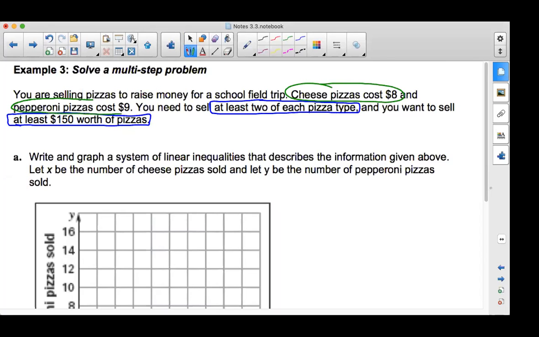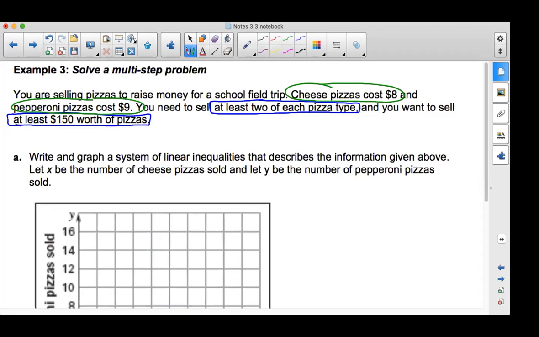So cheese versus pepperoni. Essentially, you're selling a cheese pizza to your neighbors for $8, and pepperoni pizzas for $9. You want to raise $150 by selling the pizzas.